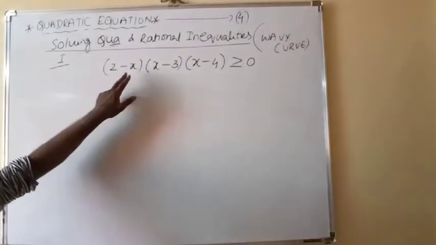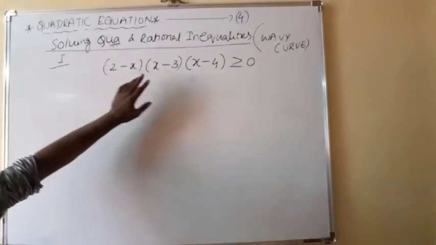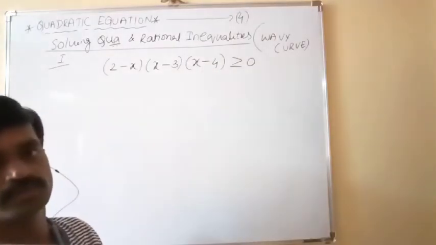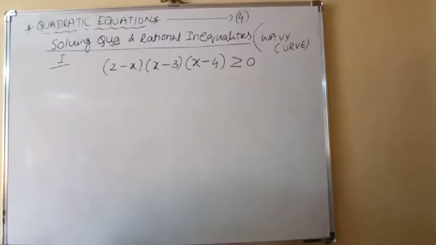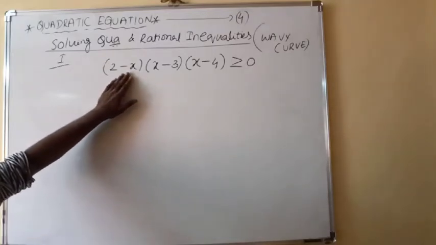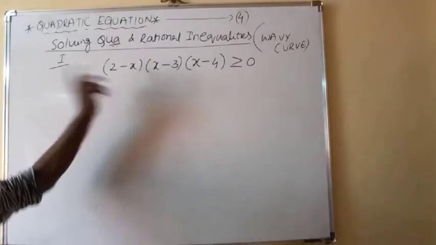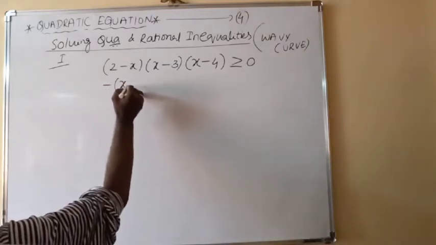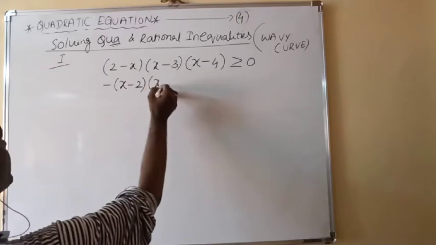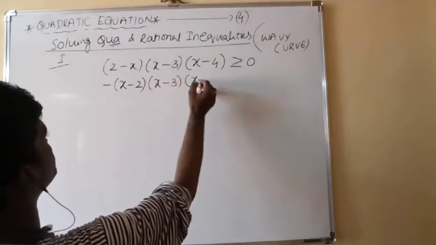No. In the first factor the coefficient of x is negative. In the remaining factors it is positive. So to make the coefficient of x positive here also, take minus common. If you take minus common, what you will get? Minus of x minus 2 into x minus 3 into x minus 4.